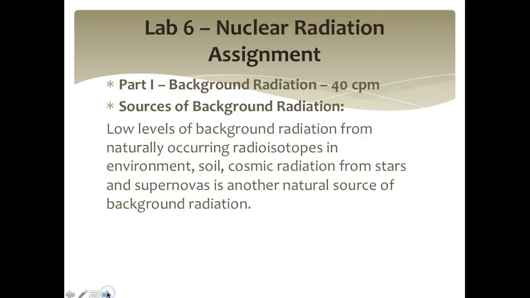When you do this background radiation check in the lab, especially in the virtual lab, it's a controlled environment where the level is going to be pretty low, and it might register in the range of 40 CPM.